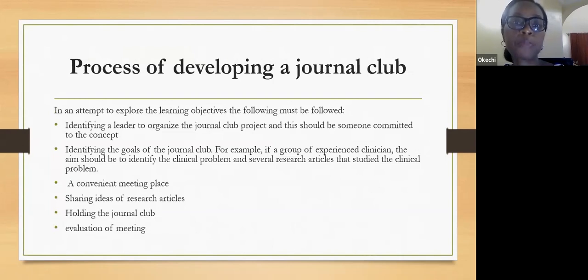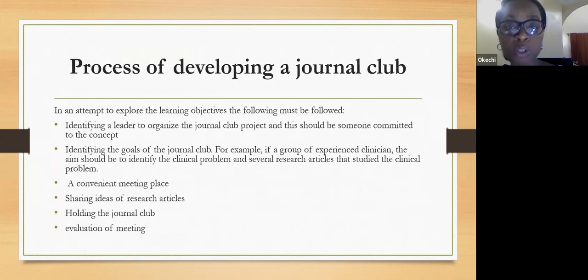Okay, yes. Process of developing a journal club. Seeing that the journal club is meant to explore the learning objectives of the journals we'll be discussing every time, first of all, you identify a leader to organize the journal club project, just like we've been doing in this drug information group.